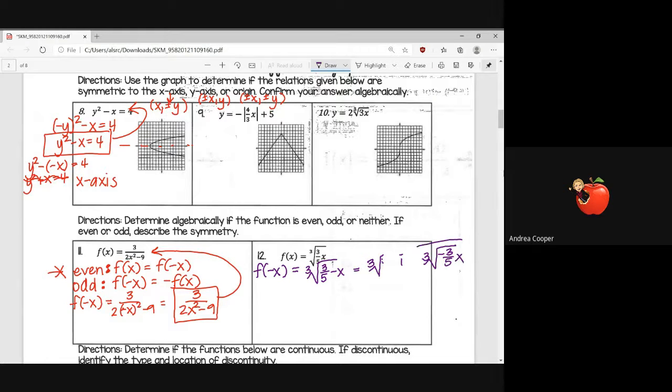Now, this is not the same as my original. So then I need to find the opposite of f of x. So that would be the negative cube root of 3/5 x. Now, here's the deal. When you have a negative inside a cube root, you can kick it out because the cube root of negative 1 is just negative 1.